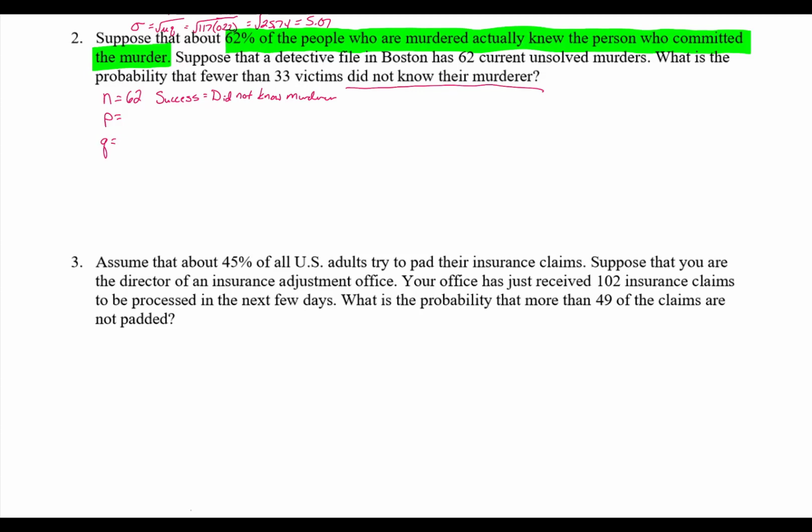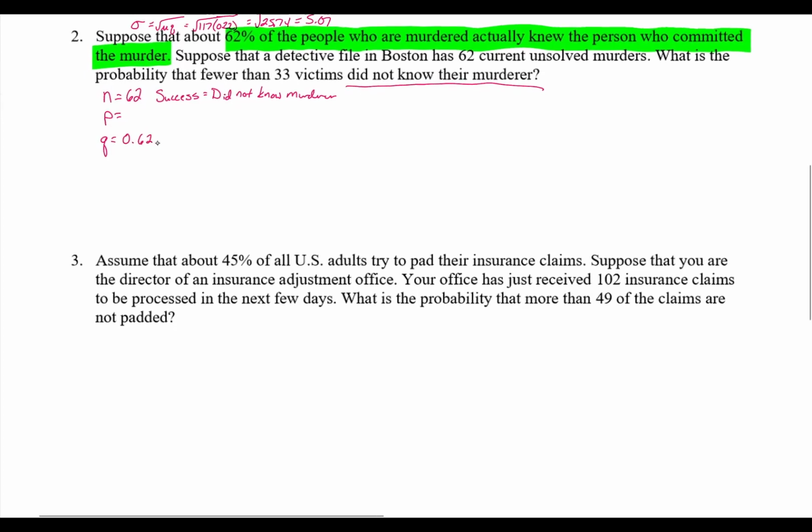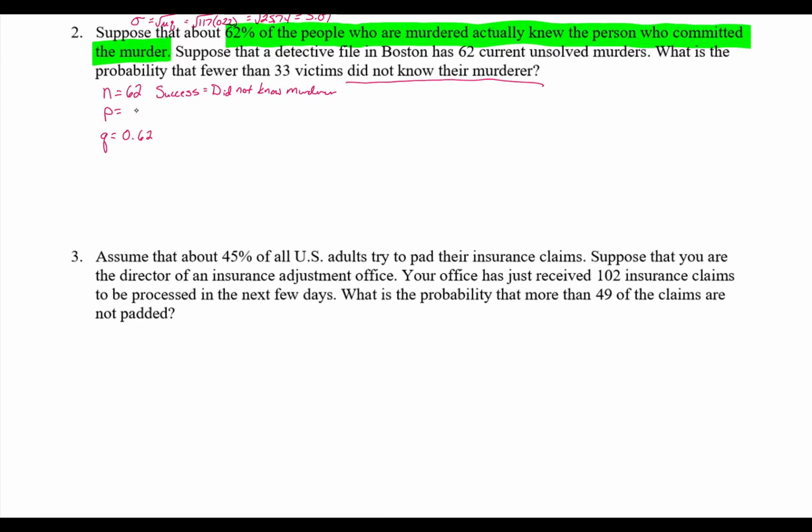We're told that you do know the murderer. So that means Q is going to be 0.62. So then P, because P and Q are always complements, our probability you did not know your murderer is going to be 1 minus Q. So 1 minus 0.62, which is 0.38.